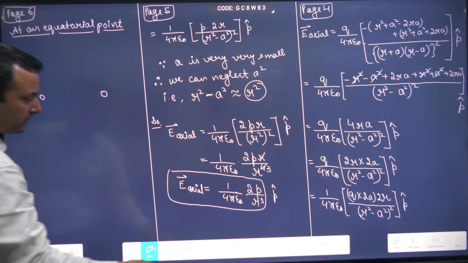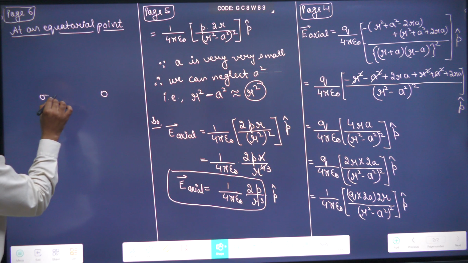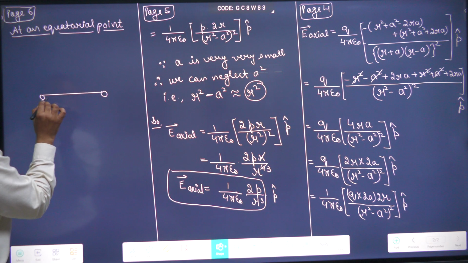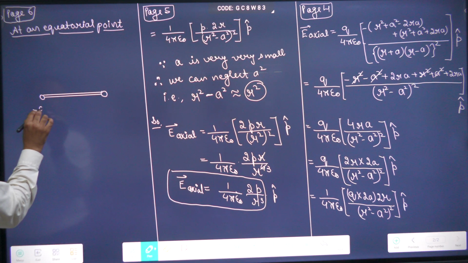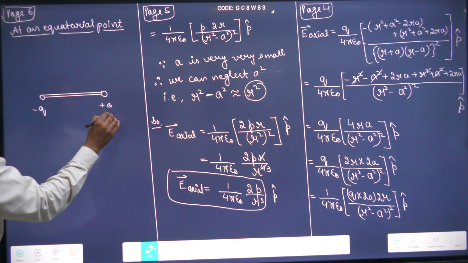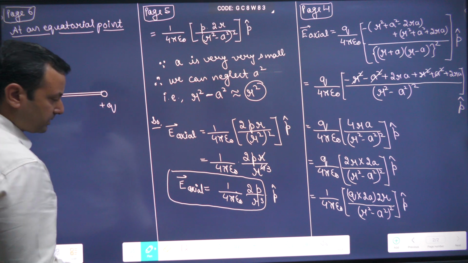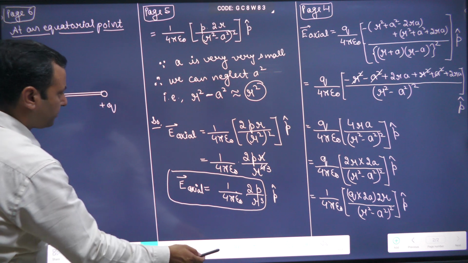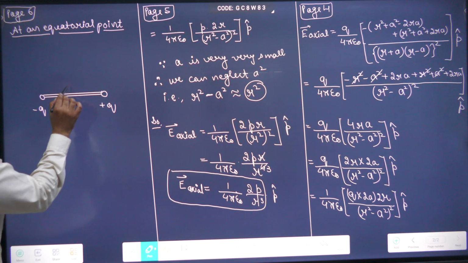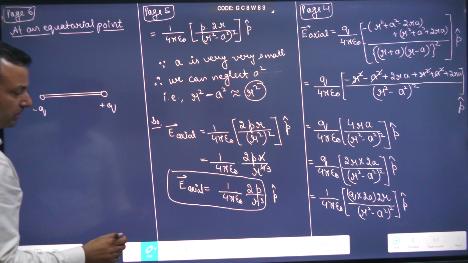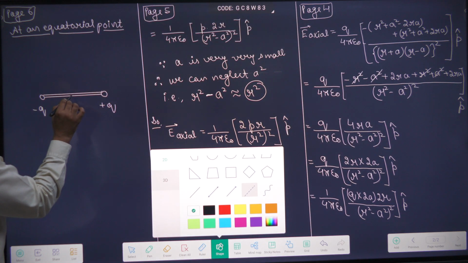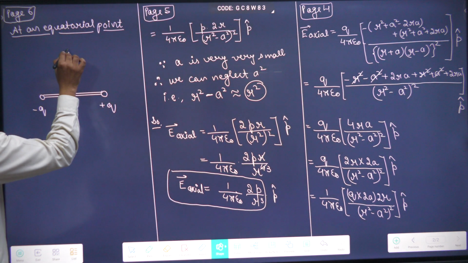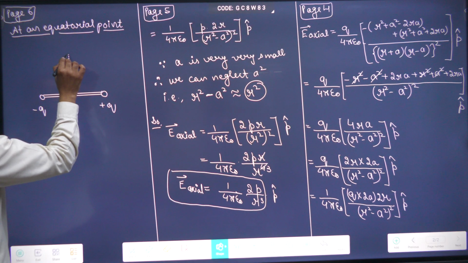We have this electric dipole. Negative charge minus q, positive charge plus q. What is this equatorial point? Equatorial point means the point which lies on the perpendicular bisector of this dipole. Perpendicular bisector means midpoint and on the perpendicular line. That point is called equatorial point.